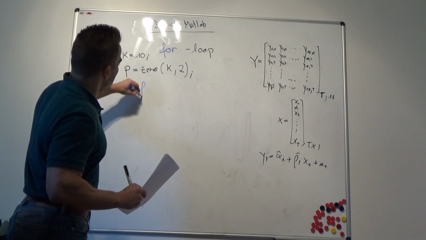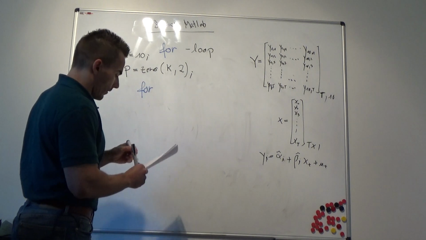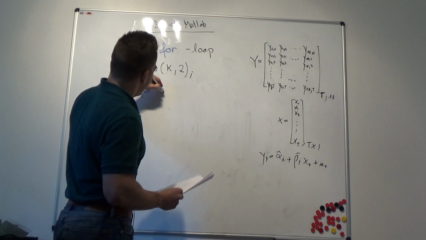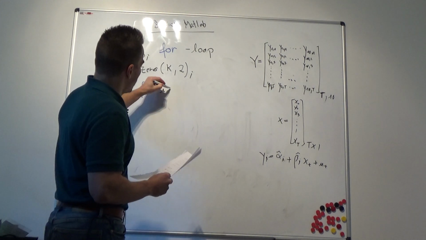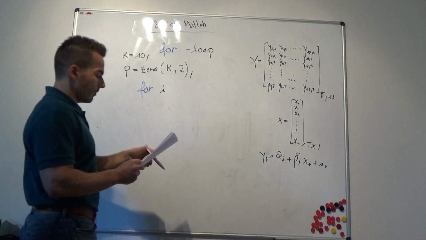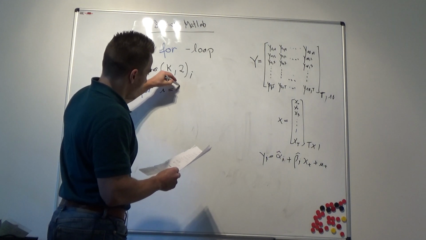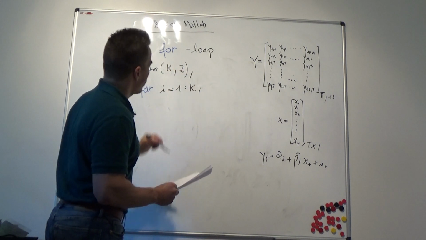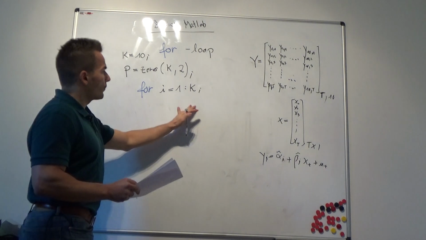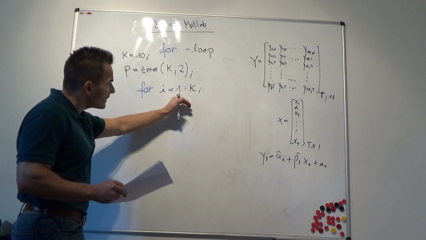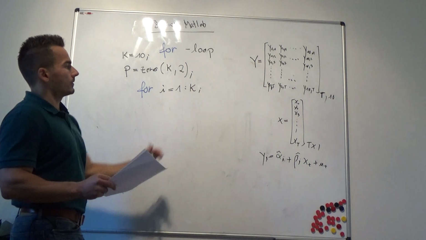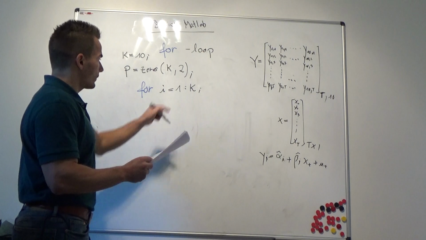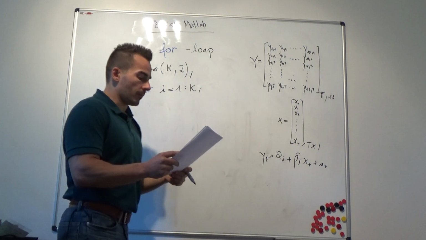Then we continue with the for loop: for i, that's our running index, which we do not need to define beforehand, i equals 1 to K. So we do something from i equals 1 until K, 10 times, obviously, from 1 to 10, because K is 10 and we have 10 stocks in our sample.